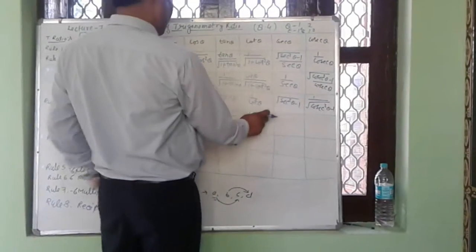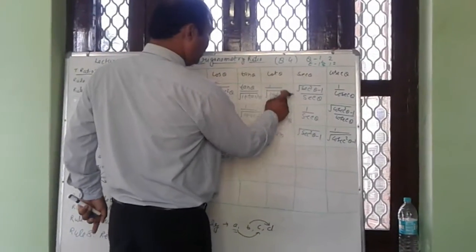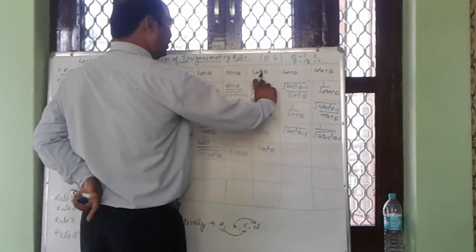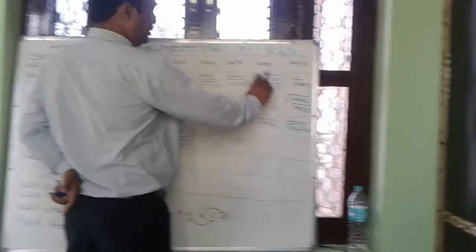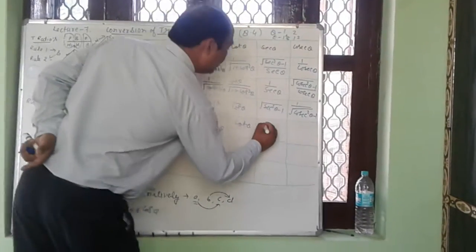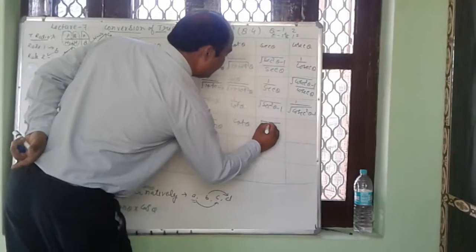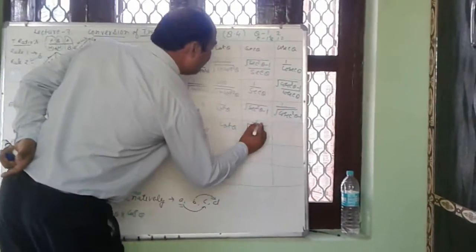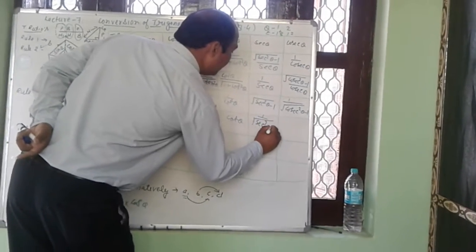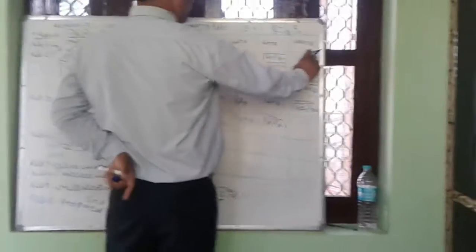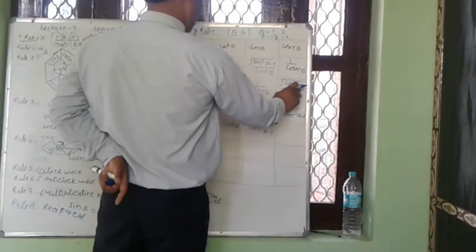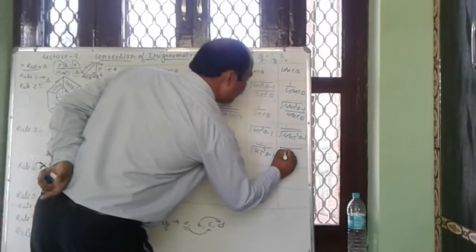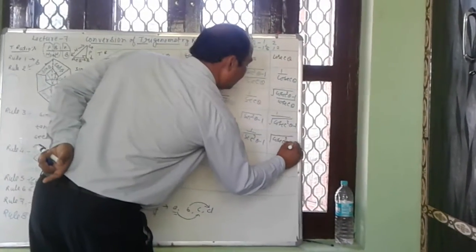Then this is cos theta, and this is equal to 1 upon root sec square theta minus 1, and here is root cosec square theta minus 1.